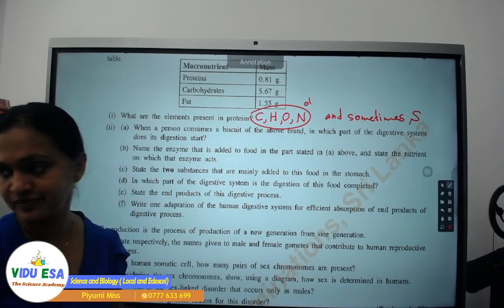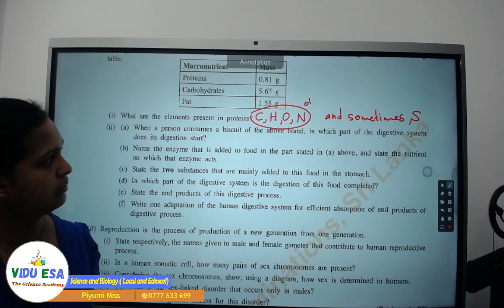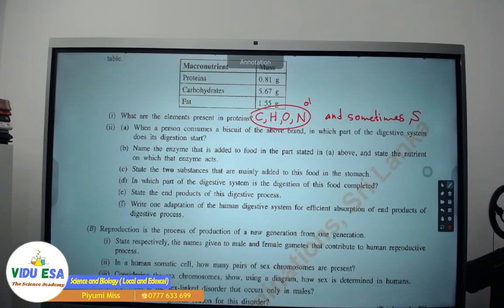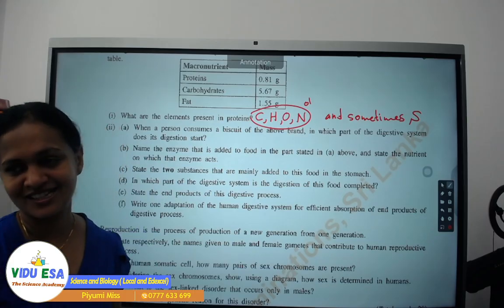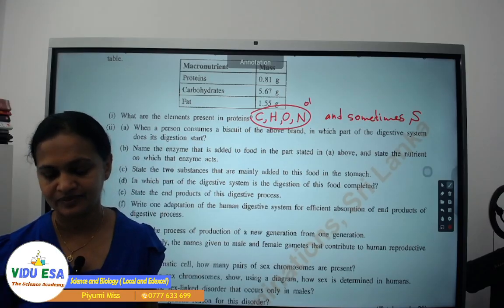Then, when a person consumes a biscuit of the above brand, in which part of the digestive system does its digestion start? Whatever the brand, the digestion starts in the mouth cavity or the buccal cavity. 1 mark.